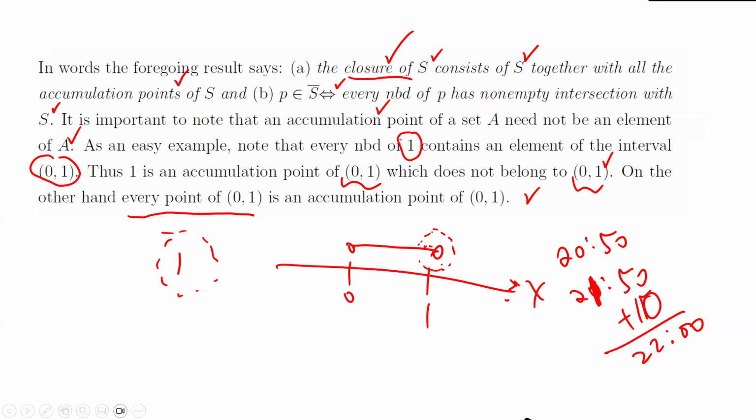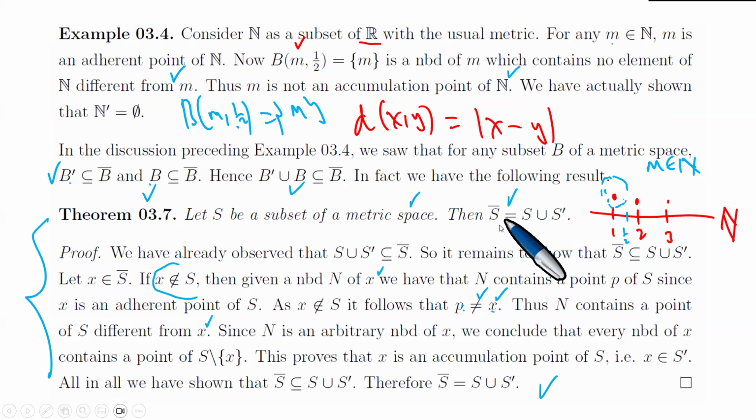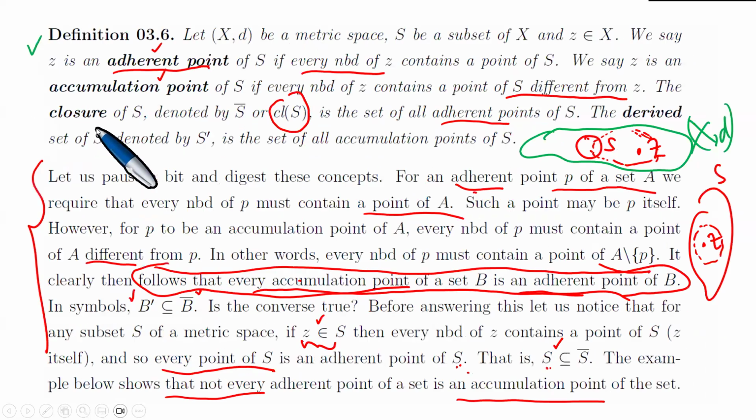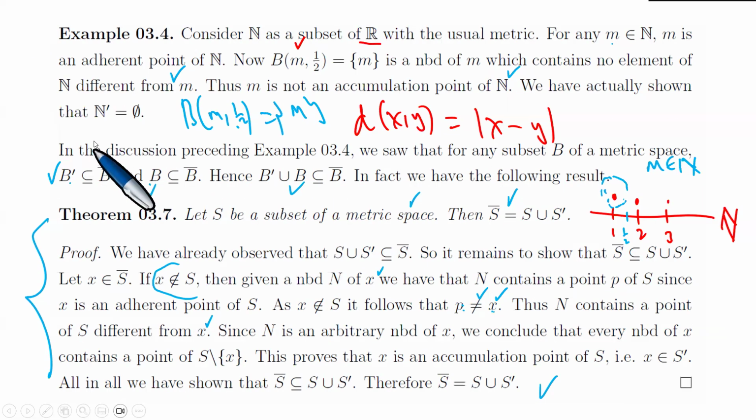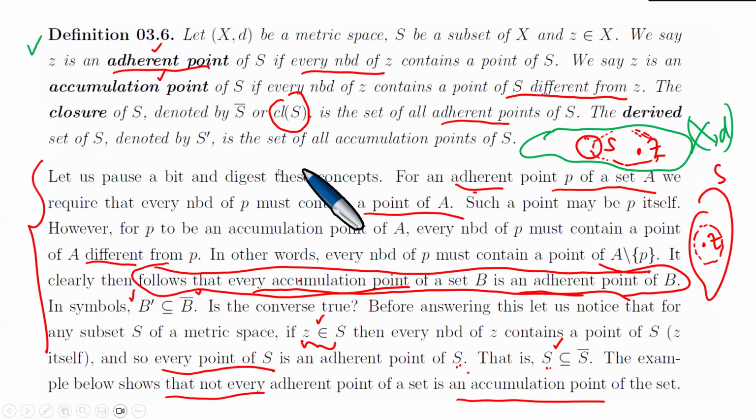Also, most importantly, the closure of a set is equal to the union of the set with the derived set of that set: the closure of S is S union the derived set of S. The derived set is the set of all accumulation points.